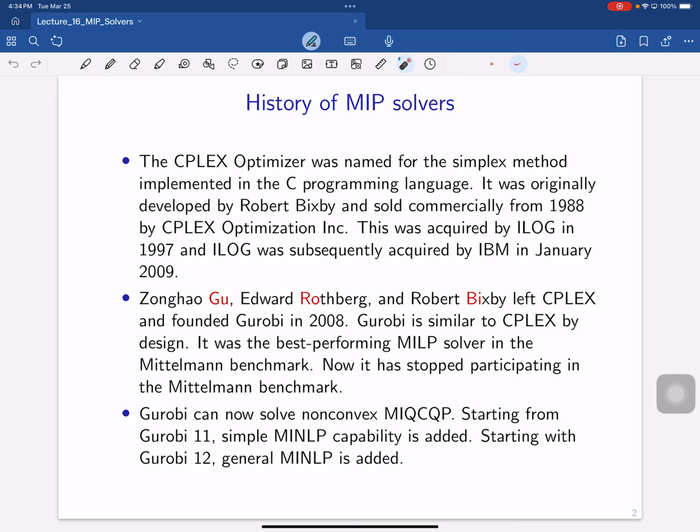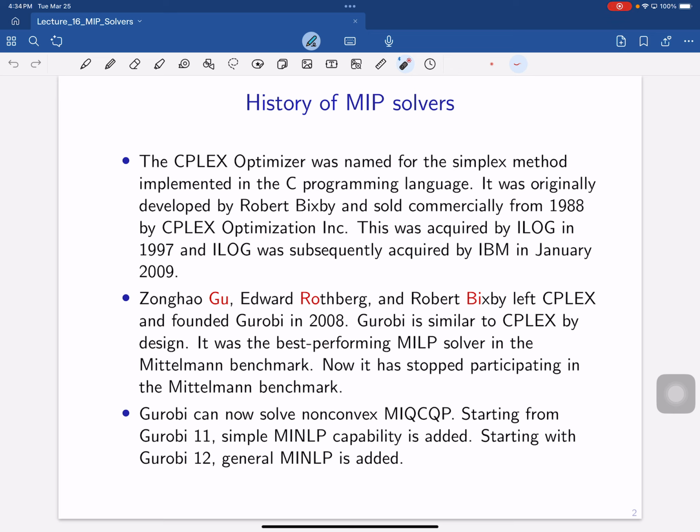So now IBM owns Cplex. But unfortunately, IBM is no longer interested in Cplex, so they are not further developing it. At this point, very few people are still using Cplex because there are basically no developers for Cplex nowadays.